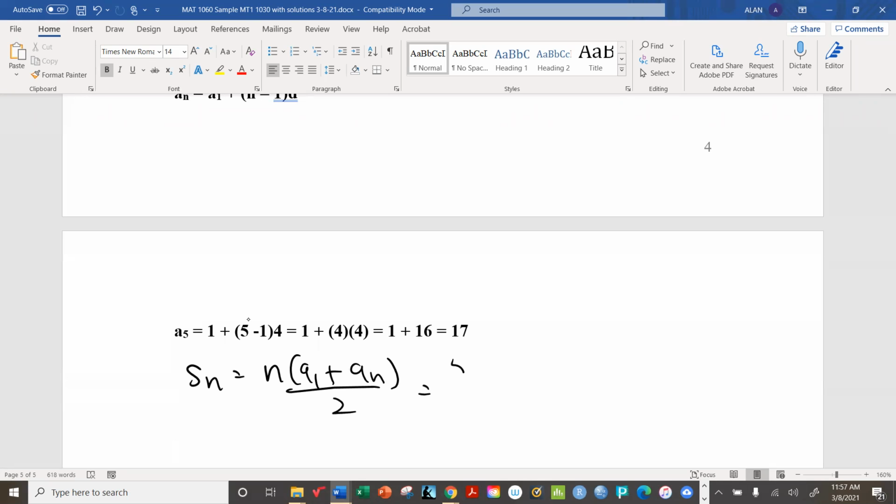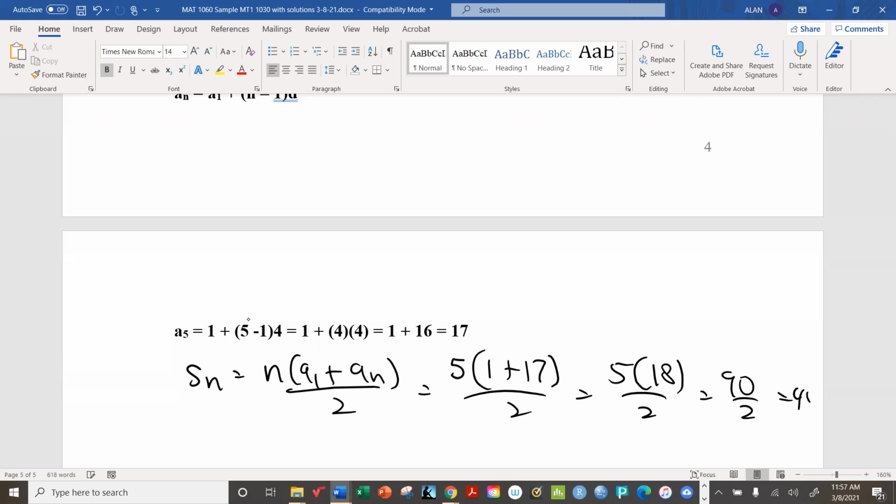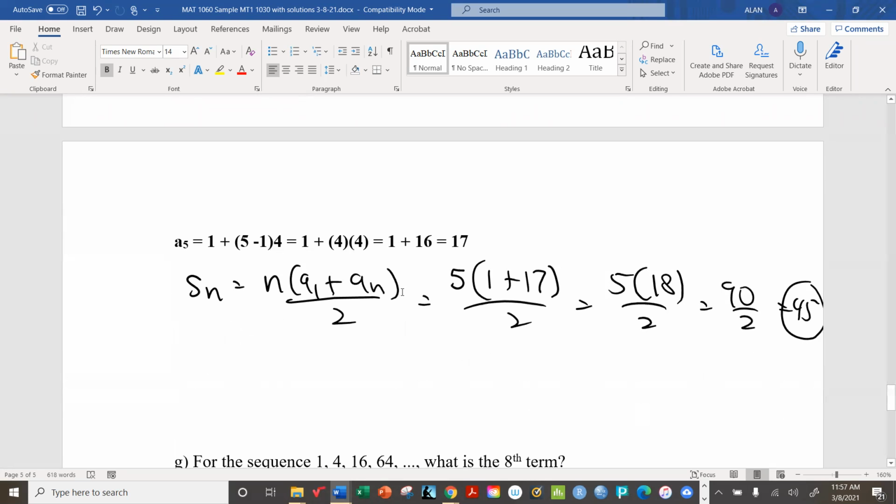So we're looking for the sum of the first 5 terms. The first term was 1, the fifth was 17. And that's 90 halves, which is 45. And of course, you can double check it. You can just add those up, and you'll see that you do in fact have 45.